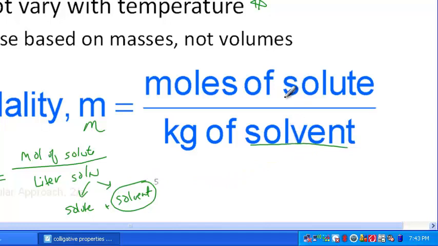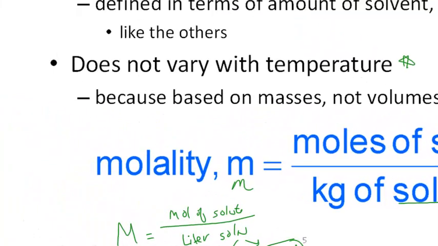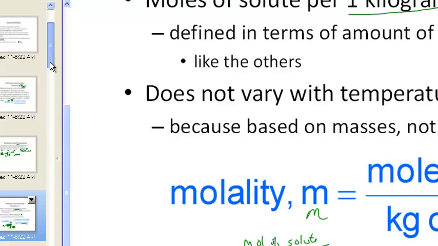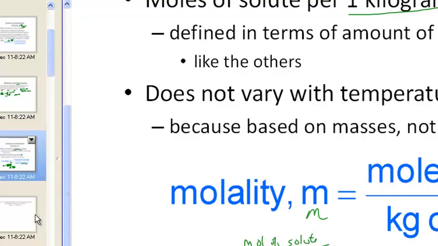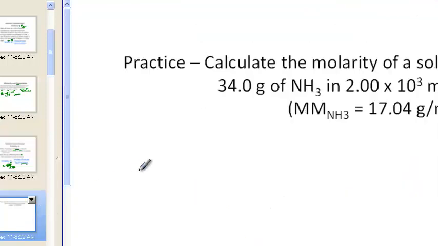Not the entire mass of the solution, not the solute combined with the solvent mass, but just the solvent alone, typically a water solution. So a little different in distinguishing between those 2 units. We've got molarity that considers volume of solution and molality that only considers the kilogram mass of the solvent.